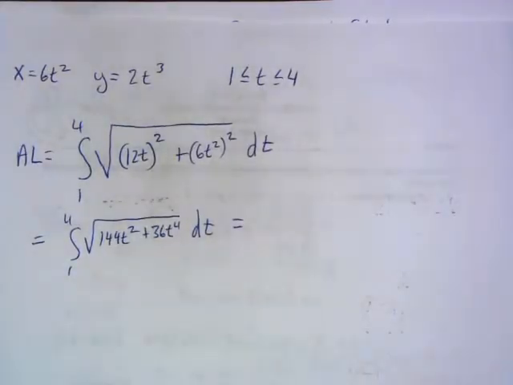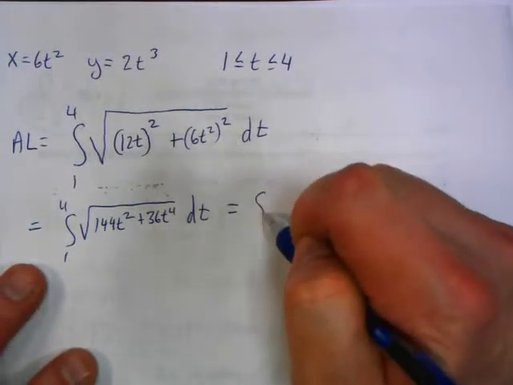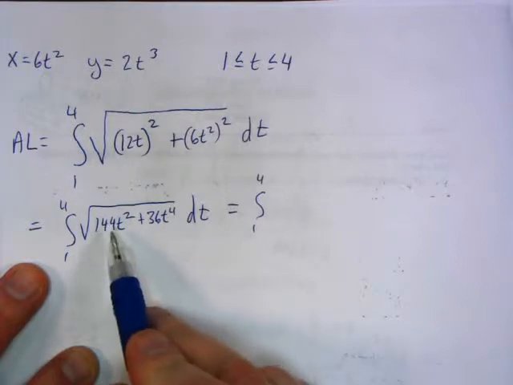How do you integrate that? In fact, I can factor out a 36t squared, I think. So that's going to be the integral from 1 to 4 of, when I factor out a 36t squared, I can then take its square root.